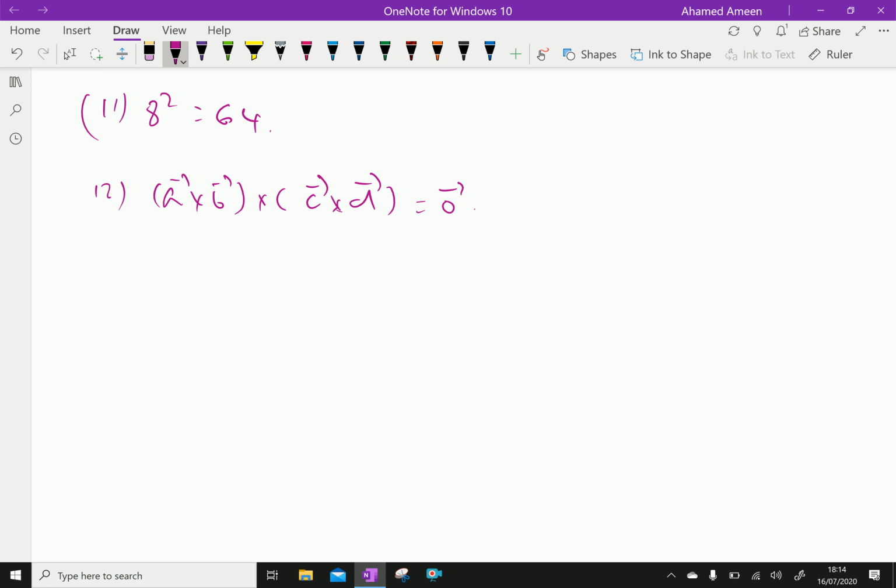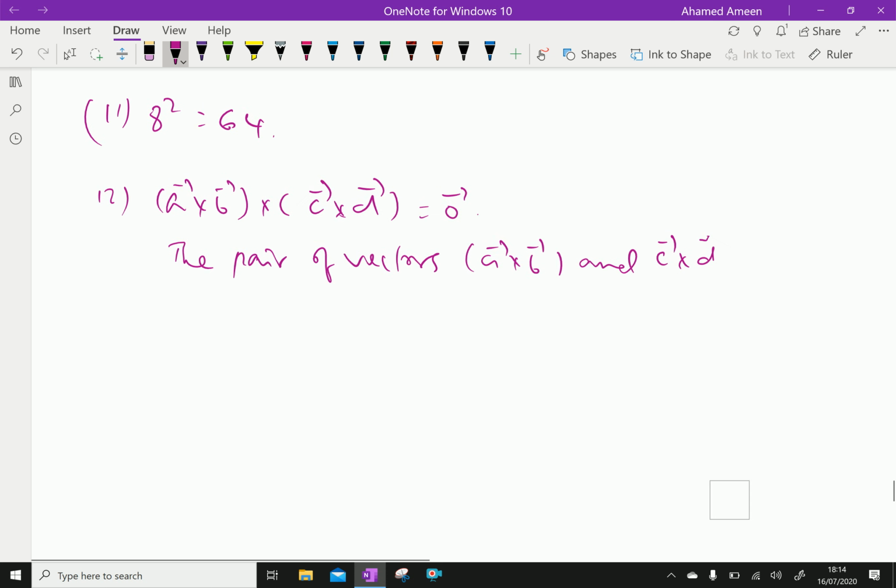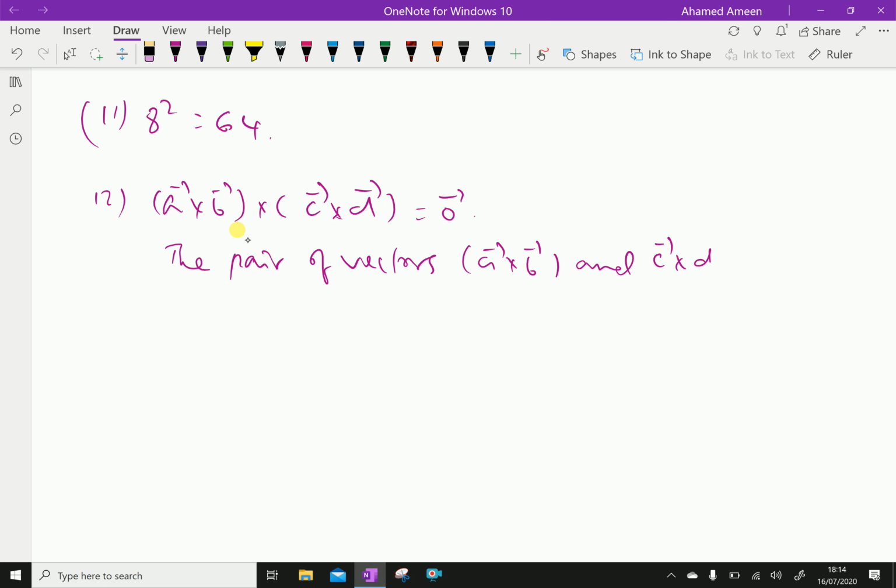Here this cross product is 0, then the vectors A cross B and C cross D are parallel.